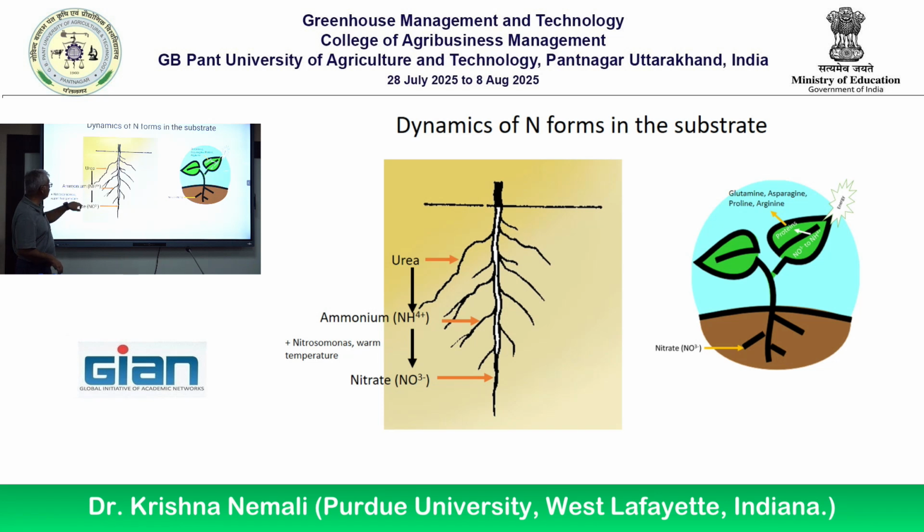So these are all interconversions. The nitrate can be taken by the plant. Whatever you apply, urea, nitrate, ammoniacal form, these are all interconversions. Urea can be directly taken by the roots, ammoniacal form can also be directly taken by the roots, and nitrate can also be directly taken by the roots. Okay?